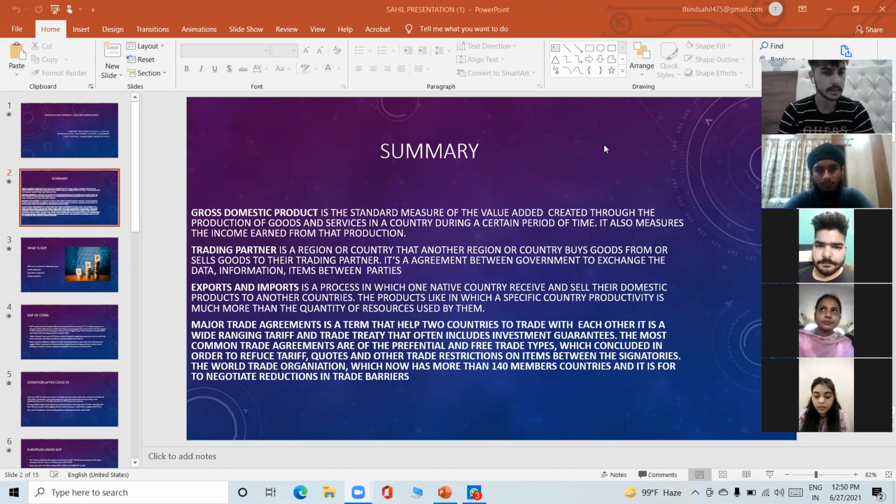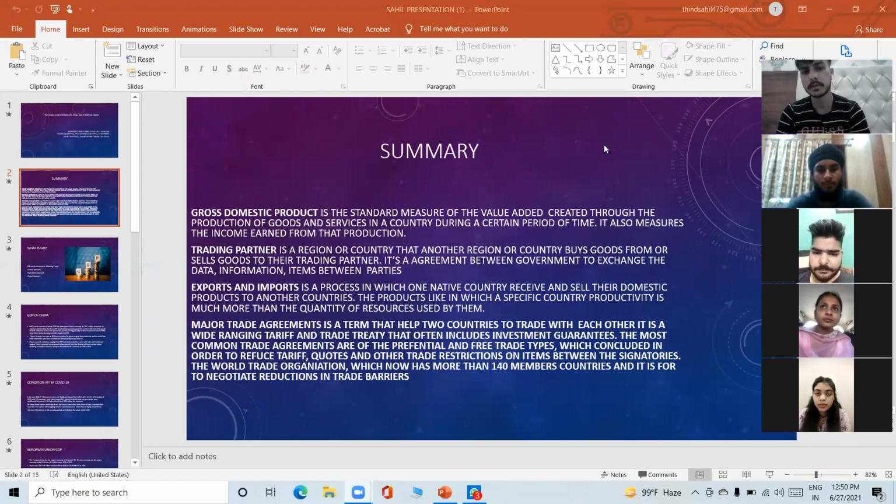The fourth point is major trade agreements, a term for arrangements that help two countries trade with each other. It is a wide-ranging tariff and trade treaty that often includes investments and guarantees. The rules and regulations are set up by the World Trade Organization.